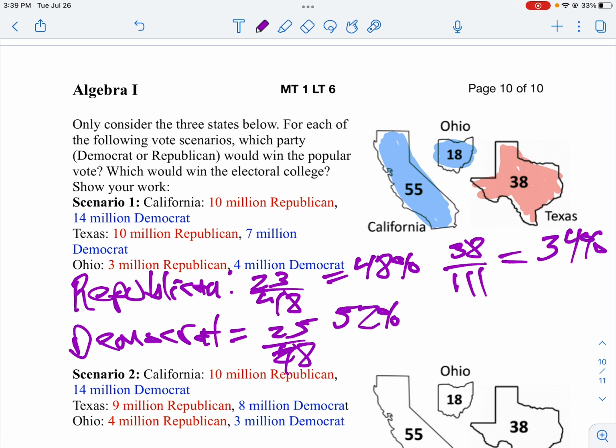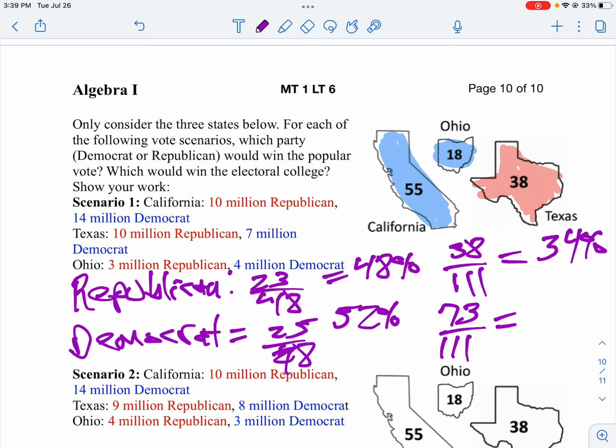So notice that they're going to have less representation than they have of the total votes. Whereas the Democrats are going to have 55 plus 18, or 73 out of the 111 electoral votes.